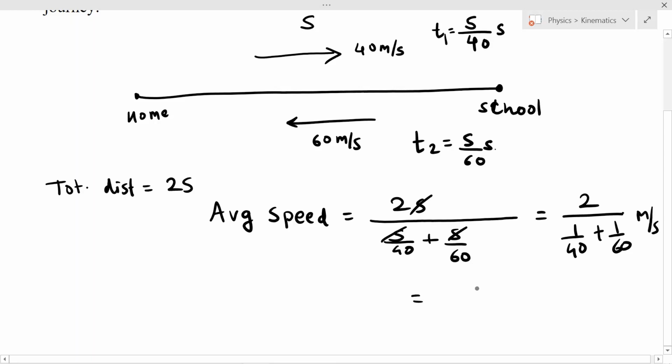If I take the LCM of 60 and 40, this becomes 2 divided by 100 by 2400. So this gets cancelled, and this will be 48 meter per second. So the average speed is 48 meter per second.